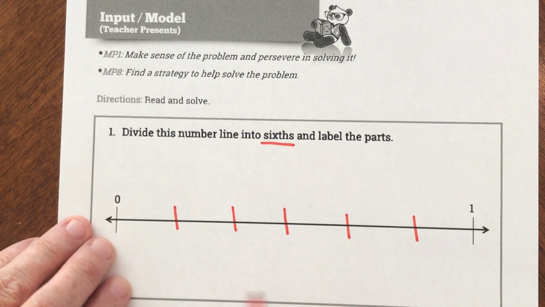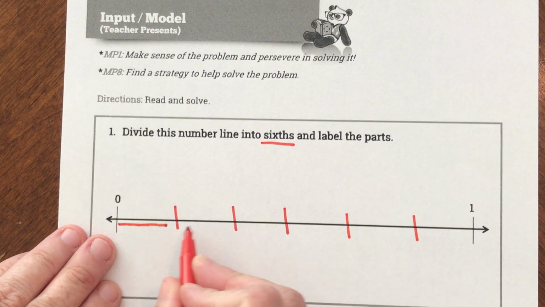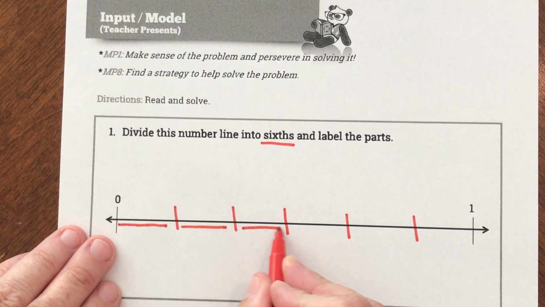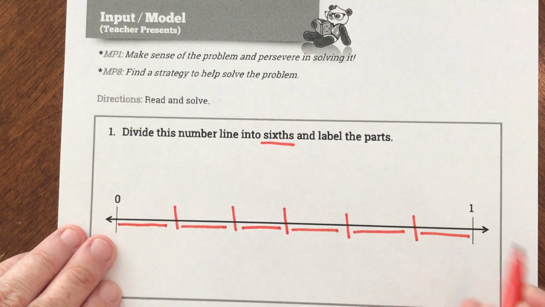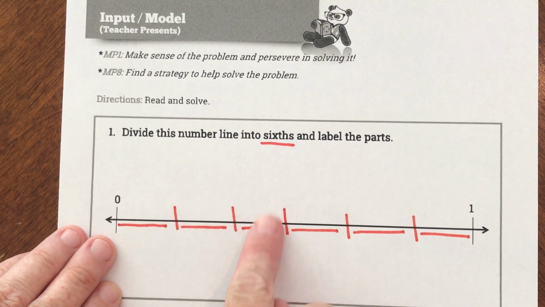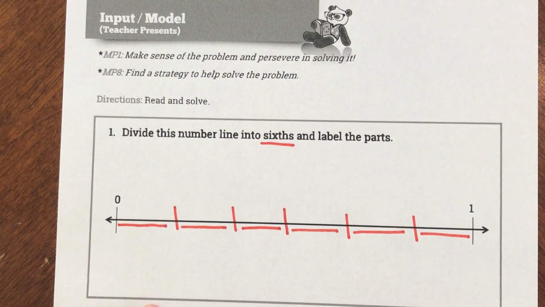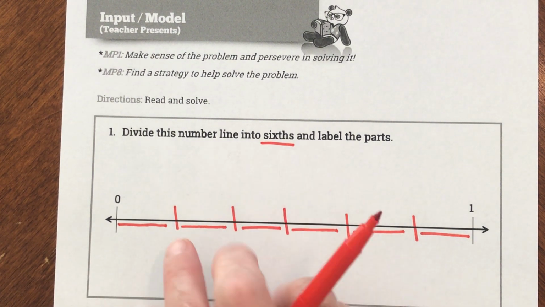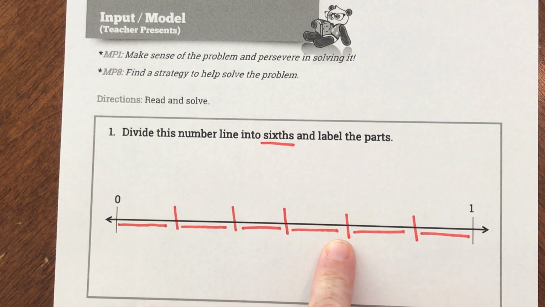But look how many pieces I cut it into. Here's 1, 2, 3, 4, 5, 6. So these are my 6 pieces or parts that I cut it into. So you don't make the interval lines, you have to divide it into that many parts.